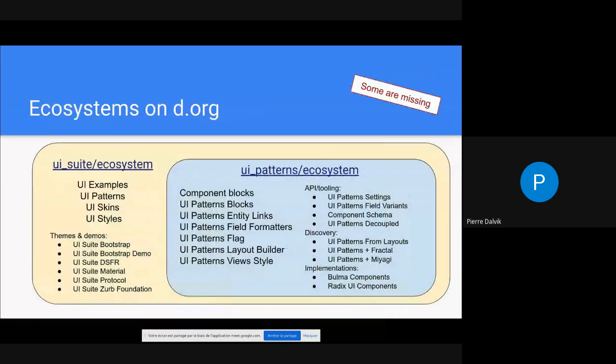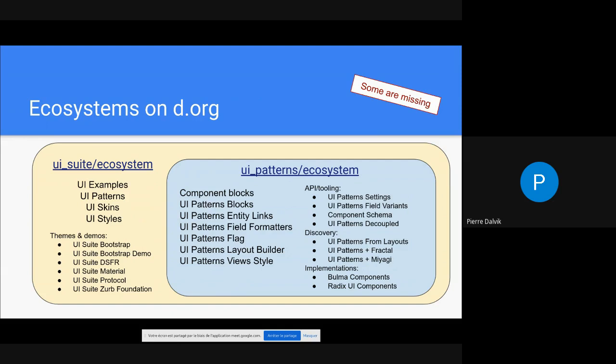Before starting, let's have a look at the ecosystem on Drupal.org. Every module has an ecosystem page. If you add /ecosystem to the module URL, we can see this two-day landscape, and it seems some are missing.